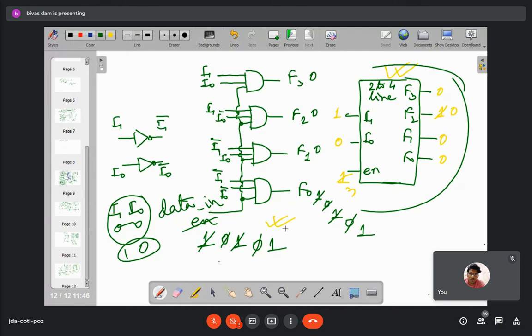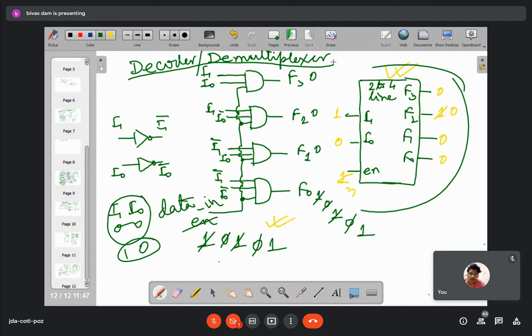Okay, so architecture wise both are same. So in the market, a decoder and demultiplexer are not different entities. What you can purchase is a single block IC, which is termed as one decoder demultiplexer.